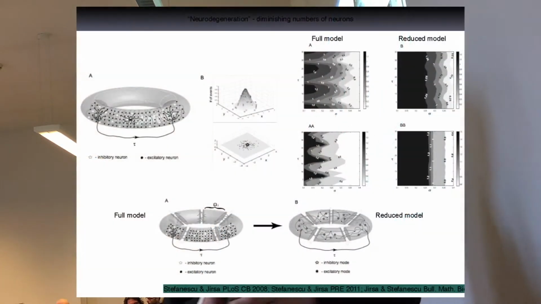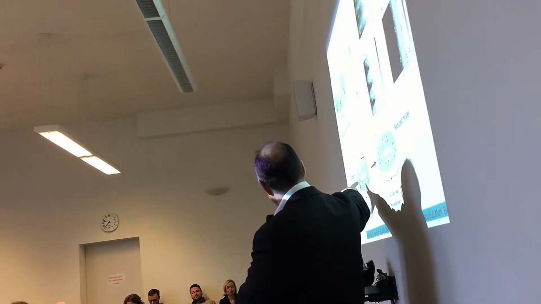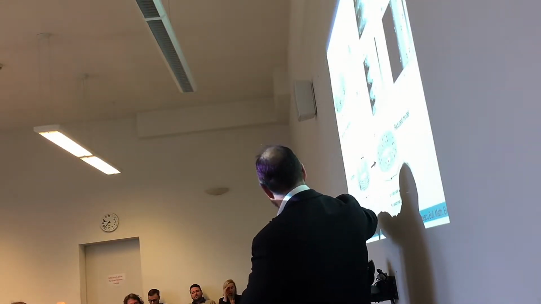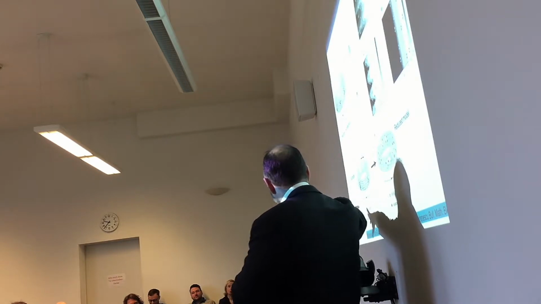Here, what we're showing is a very simple model that Victor and Roxana Stefanescu put together to demonstrate the feasibility of using these mean field approximations. With a very coarse model here, which would be the mean field approximation we're using in The Virtual Brain, and the more detailed model with individual neurons here, local connections as well as long-range connections.